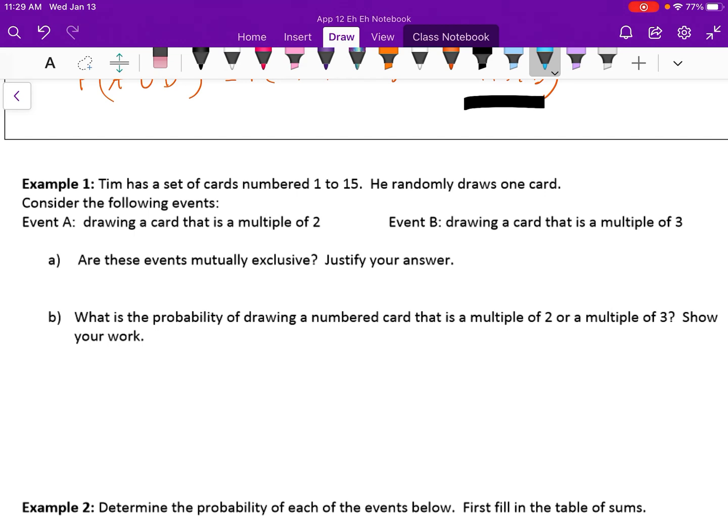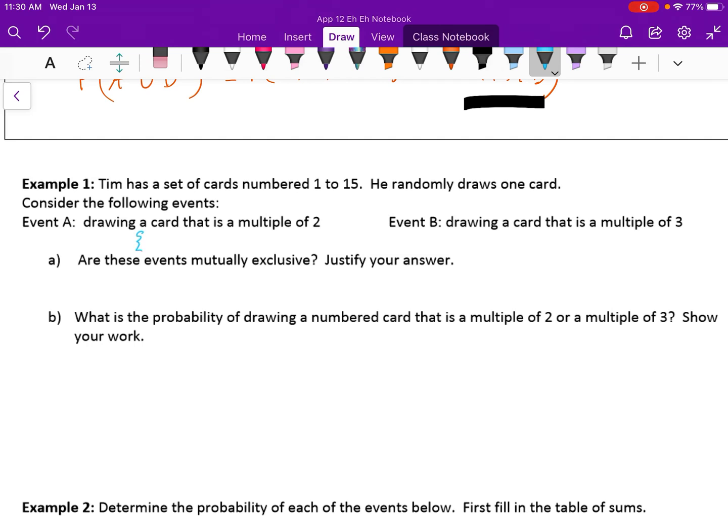Tim has a set of cards that are numbered 1 through 15. He randomly draws a card. Now let's consider the following events. Event A is flipping a card that is a multiple of 2. Event B is drawing a card that is a multiple of 3.